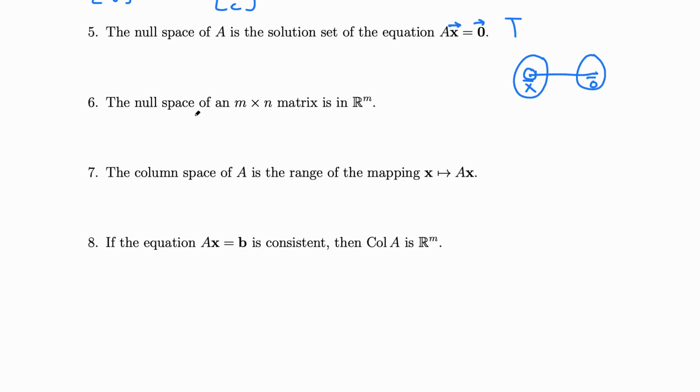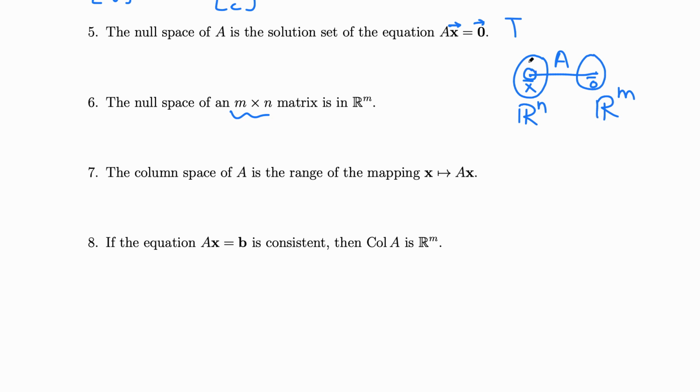The null space of an m by n matrix is in Rm. When we have an m by n matrix mapping from Rn to Rm, it works backward: Rm, Rn.